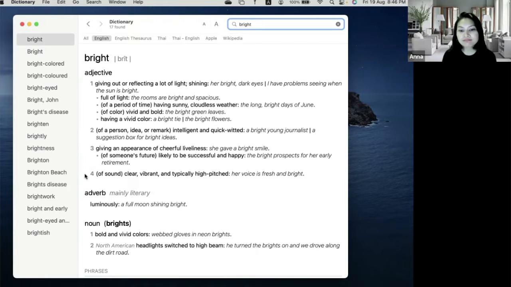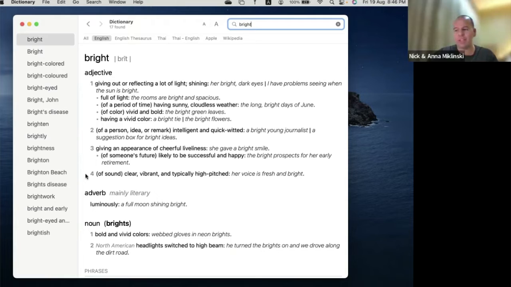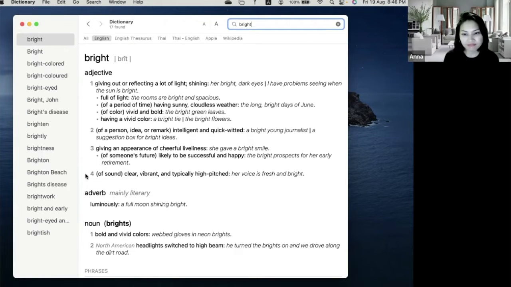And number 4, which means clear, vibrant, or high pitched. So her voice is fresh and bright. Now, for me personally, the fourth one, I would never use it in conversation. I don't think about the word bright in that way, but it is one way to use the word bright.